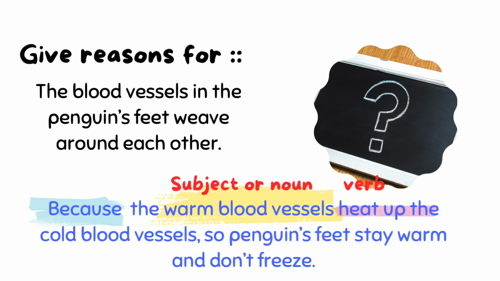We want to put this information in a complete sentence, so we will use because here. Because the warm blood vessels heat up the cold blood vessels. Why? When this happens, the penguin's feet will stay warm and don't freeze.